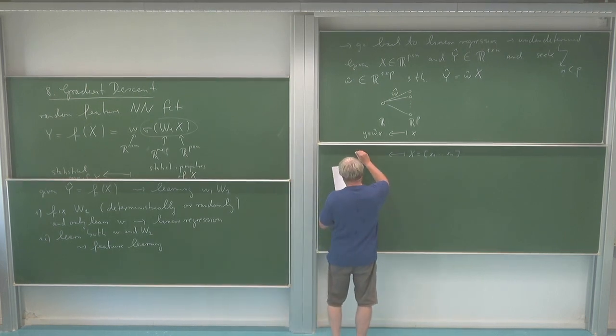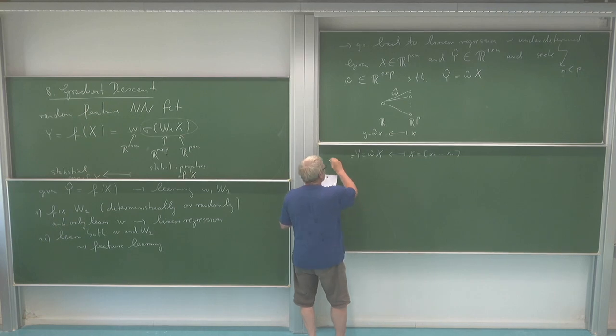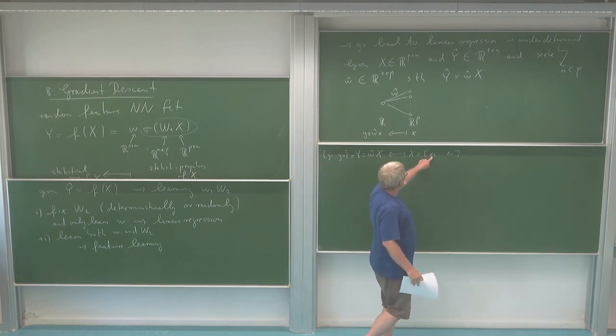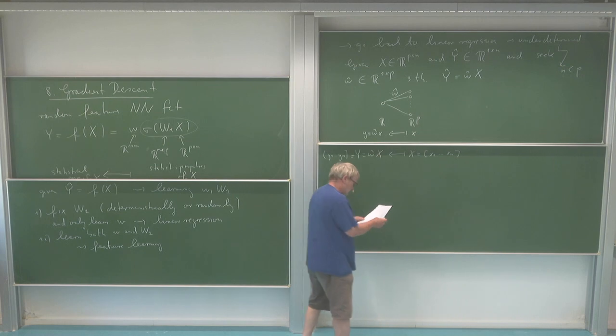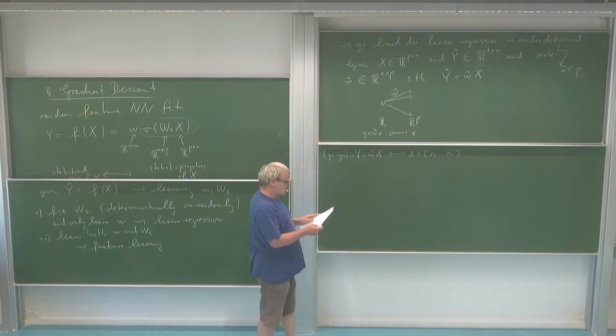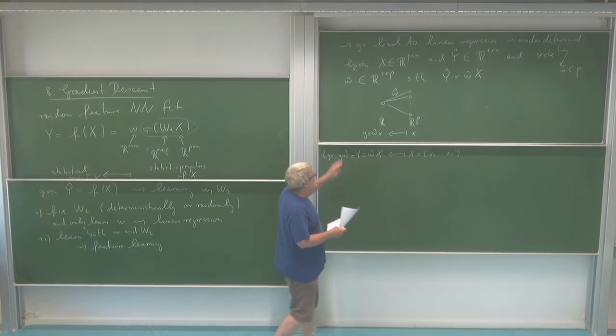Namely, y is then just w hat times x, and y is the matrix of y1 up to yn, where y1 is the image of x1, and yn is the image of xn under this mapping. Okay, so that's the situation which I want to consider.